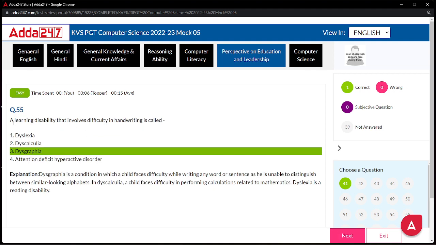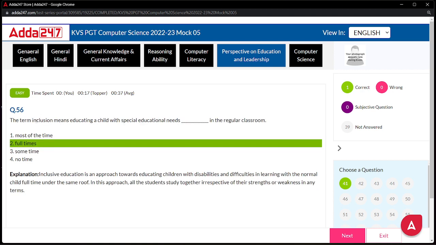This is the most common question asked in the section of pedagogy. A learning disability related to handwriting is dysgraphia, and dyscalculia is related to calculation, where it is difficult to perform calculation, and dyslexia, where it is difficult to read.